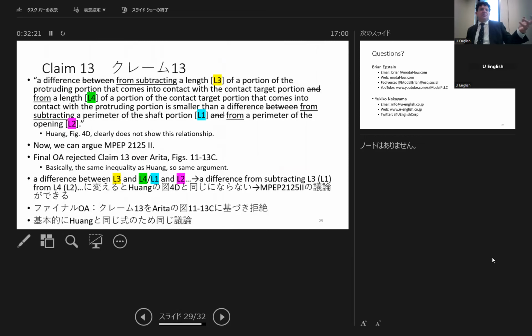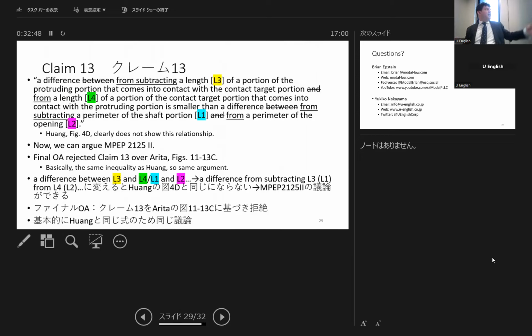Well, instead of saying a difference between L3 and L4, because it could be subtracting L3 from L4 or subtracting L4 from L3, we just say which one we mean. We're going to say it's a difference from subtracting L3 from L4. This is the specific relationship in our invention. This specific relationship is not what's shown in Huang. They show the opposite.